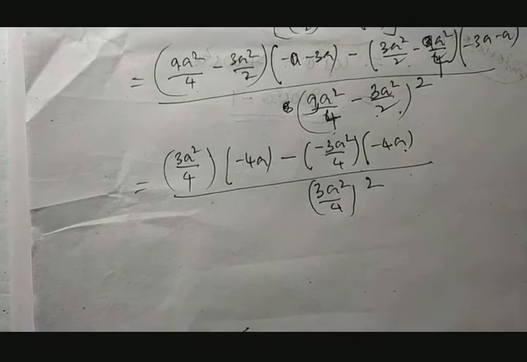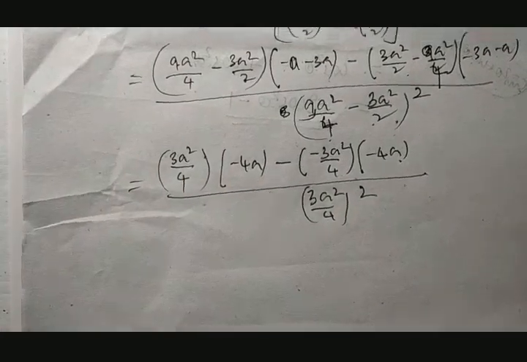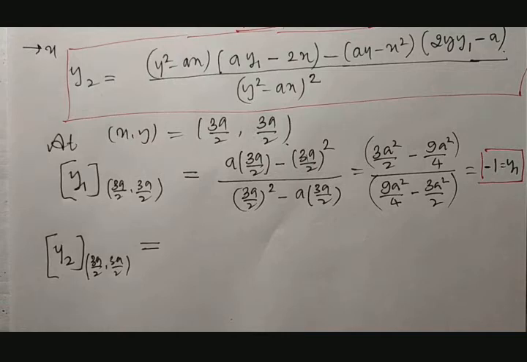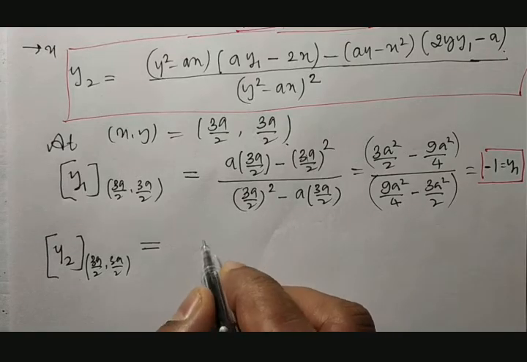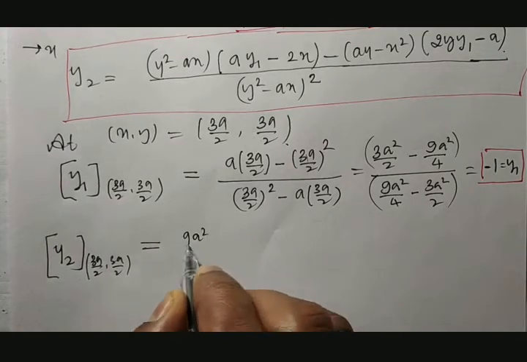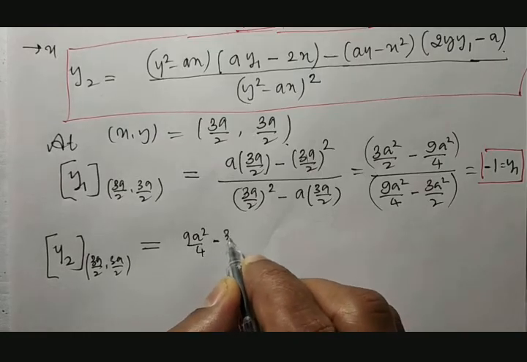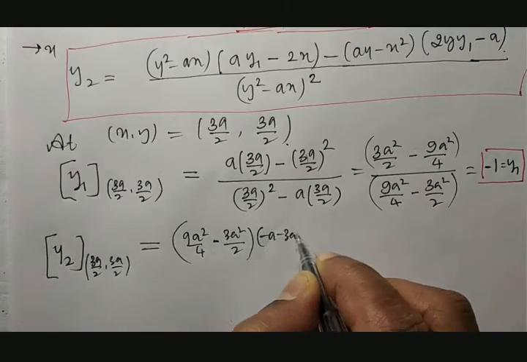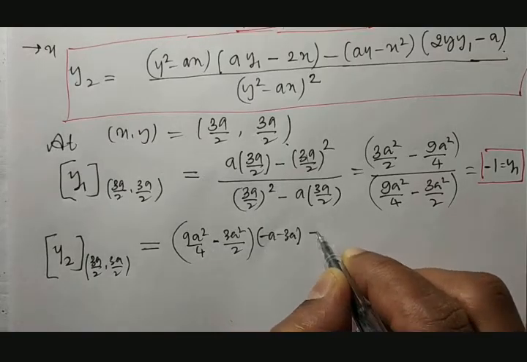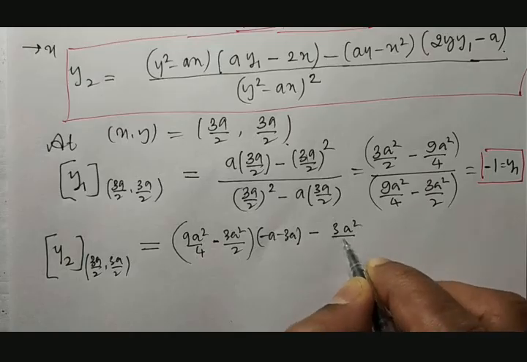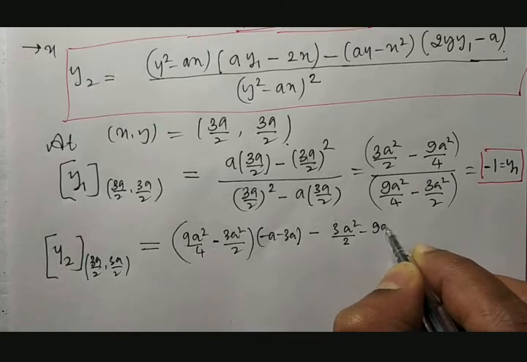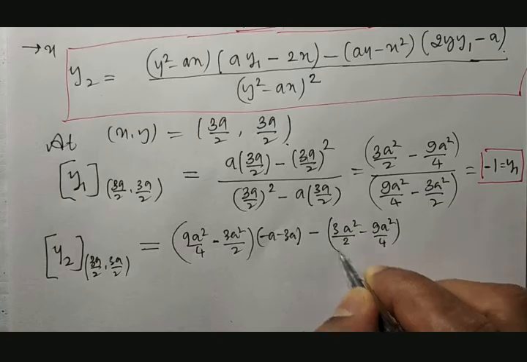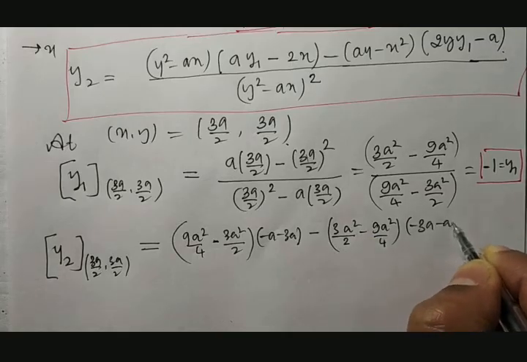Clear? So this part I'll take directly. What is that? I'll take this result once. If it is substituted, then it becomes 9a square by 4 minus 3a square by 2 into minus a minus 3a. Okay, minus 3a square by 2 minus 9a square by 4 into minus 3a minus a.